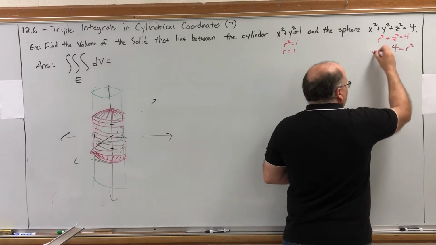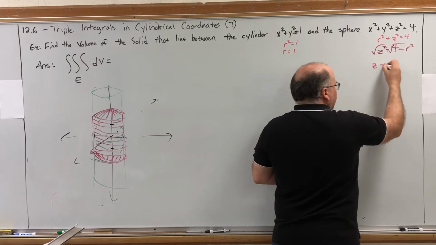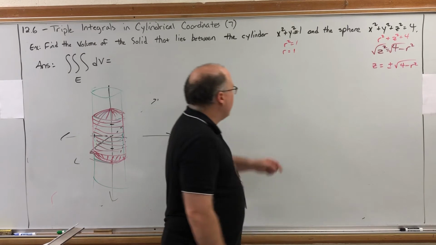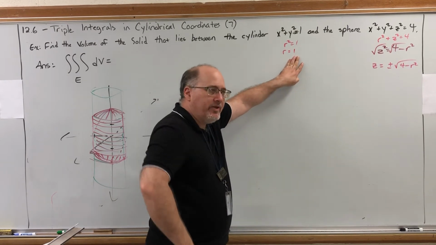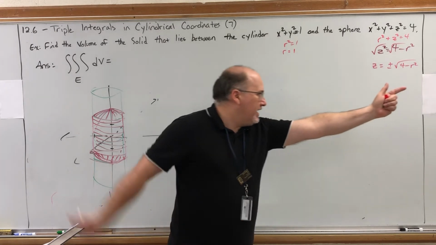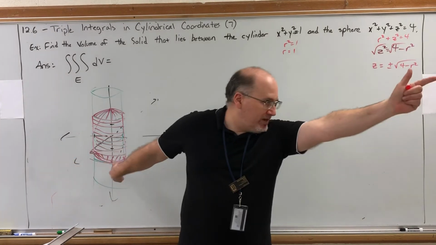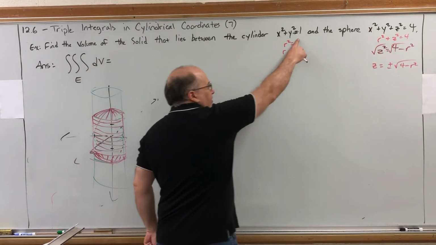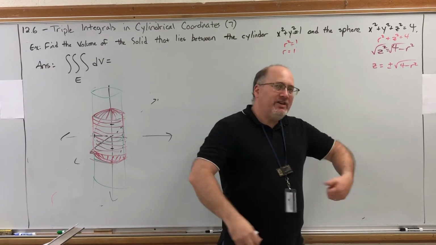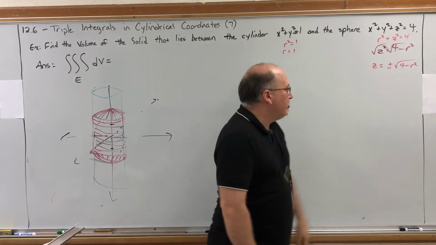But here's where you have to be careful. When you square root both sides of an equation, technically you need to use a plus minus. Recall that I did that over here and then argued that I really didn't need both of them, because whether your radius is 1 or -1, when I spin around, I'm going to get the same circle. So it's redundant to say r equals plus or minus 1 there. But here it's not redundant, because we need to think about the positive z's and the negative z's.